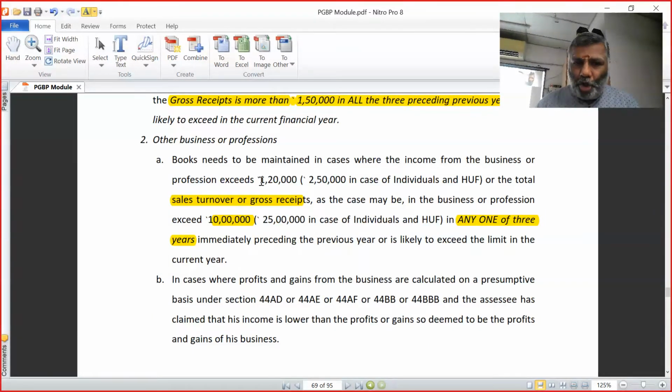With regard to gross profit, 1,20,000; however, for individuals and HUF, 2,50,000. If your turnover exceeds 10 lakhs or your profit exceeds 1,20,000 in any one of the past 3 years, maintain books. But for individuals and HUF alone, it is 25 lakhs and 2,50,000 instead.